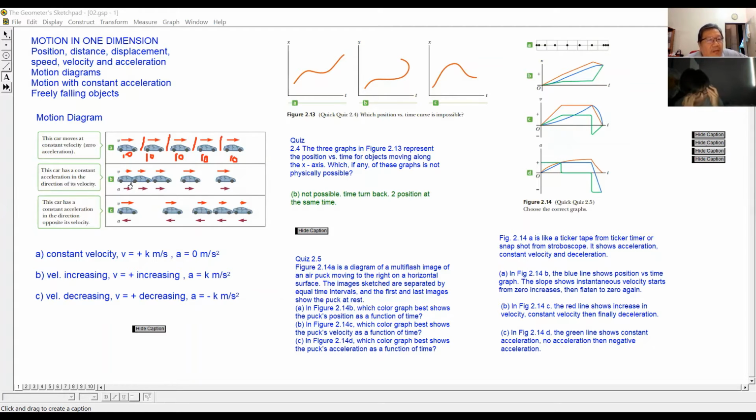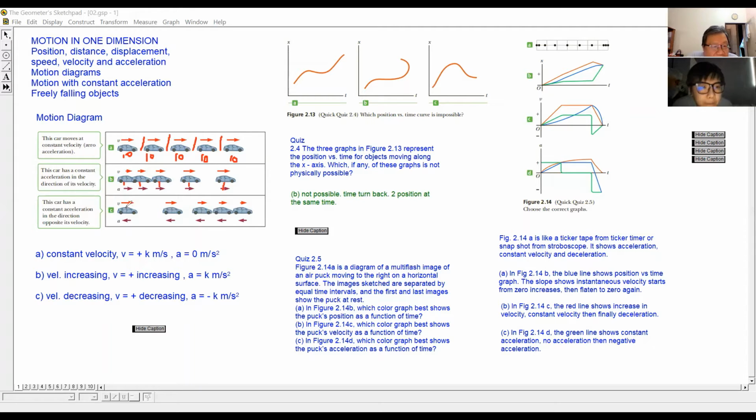Or if you look at the second case, at first the distance is smaller, then it becomes bigger and bigger and bigger. The spacing between the cars becomes bigger and bigger. What can you say about the velocity in the second case?